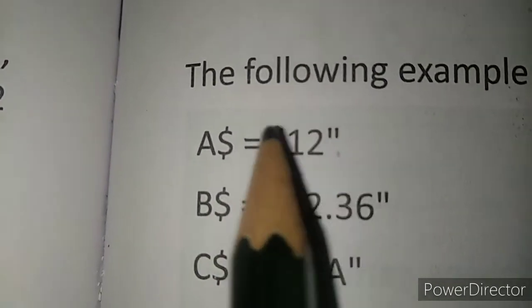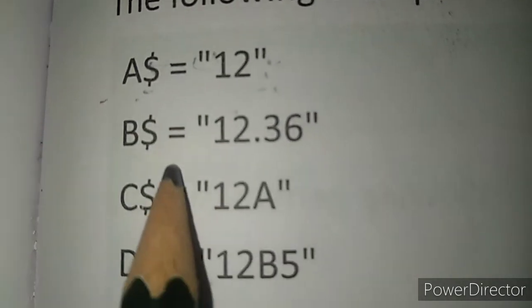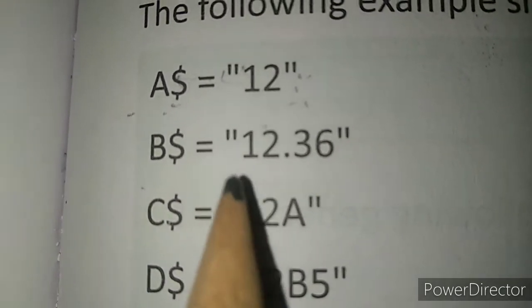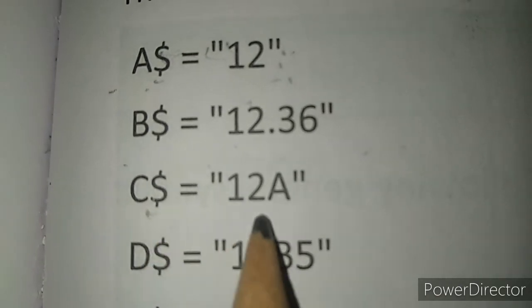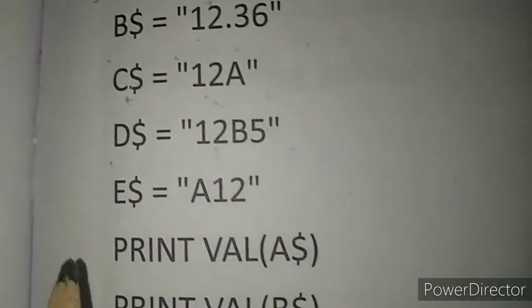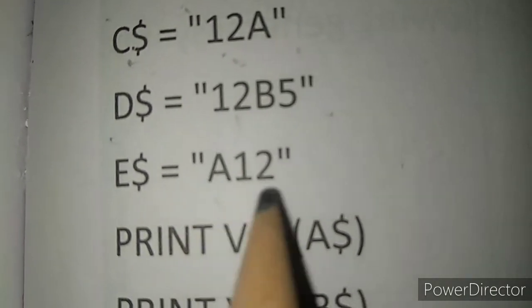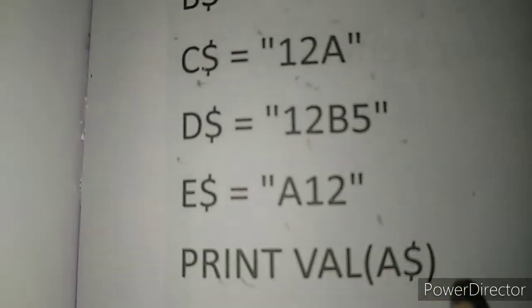Suppose 12 in the form of a string is stored in string A$, and here B$ has the string 12.36, and C$ has the string 12A, and D$ has 12B5. Likewise E$ has the value A12. Now print val of A$.